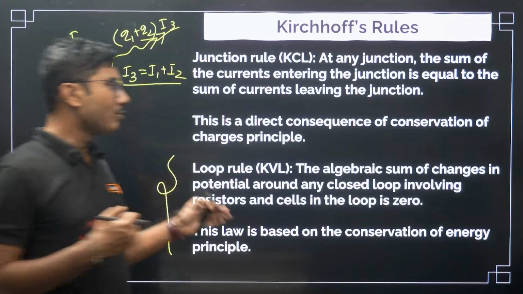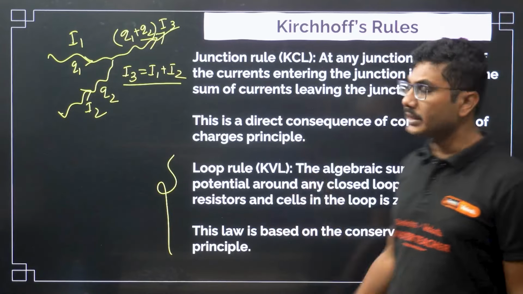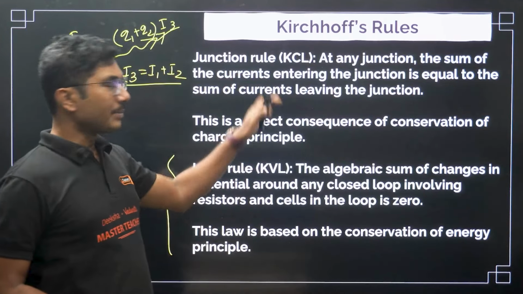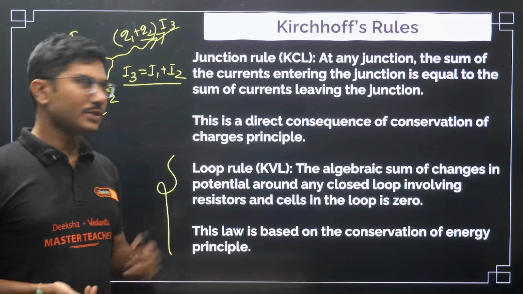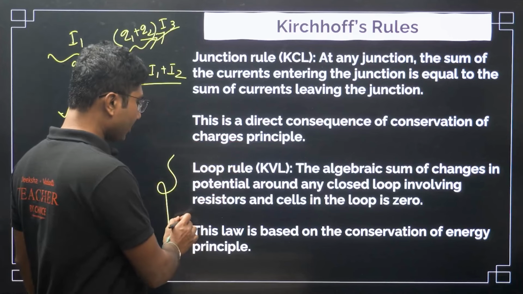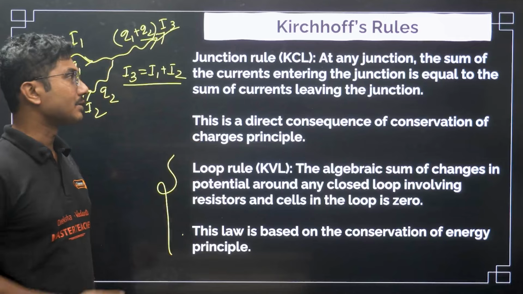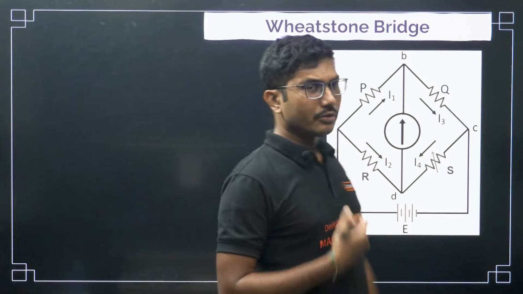It is very important for solving numerical questions. Sometimes this comes as a 1 mark, 2 mark, or 3 mark question. So understand this; these two are important statements for MCQs and fill in the blanks.